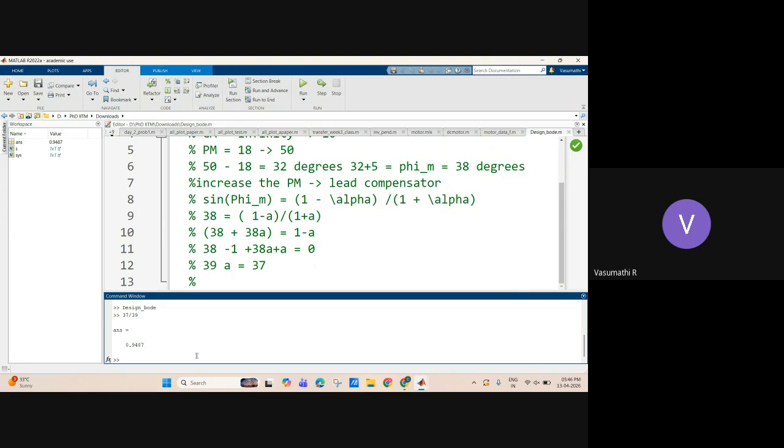38 plus 38A. I'm not making any mistake here, right? 38 minus 1, 38A plus A. No, the calculation is okay. This was okay only. 37 divided by 39.